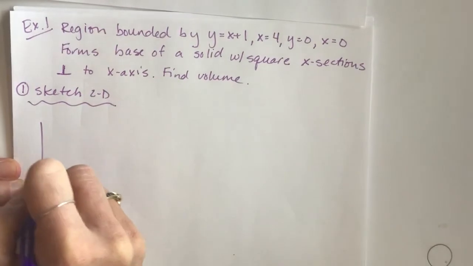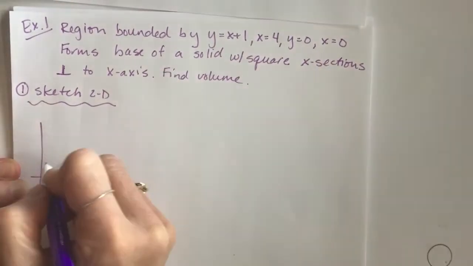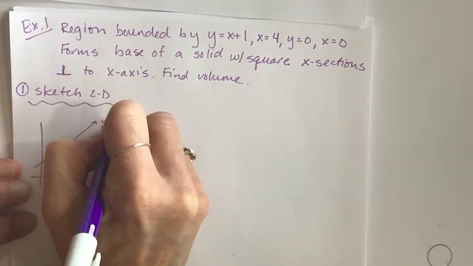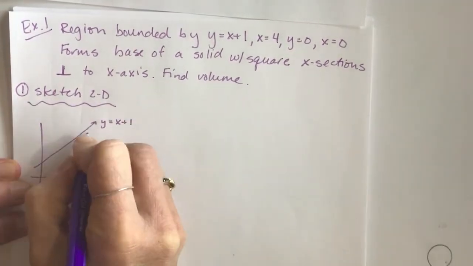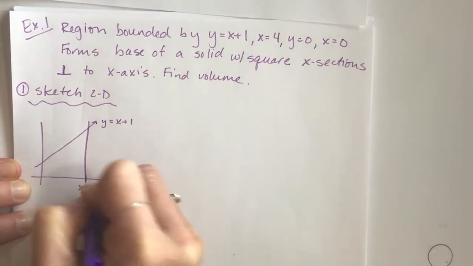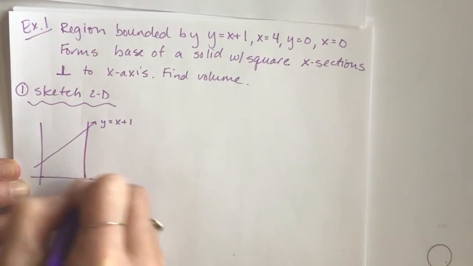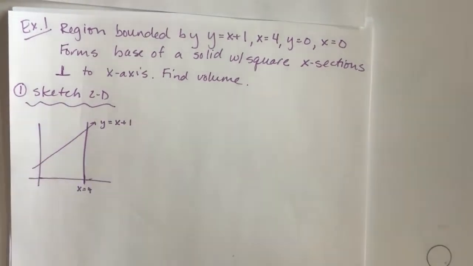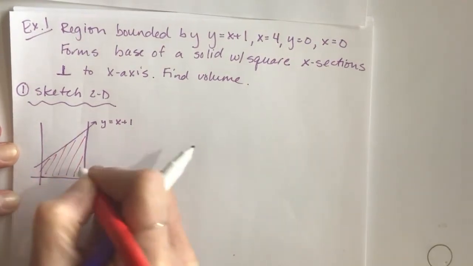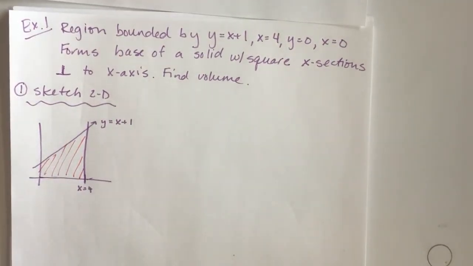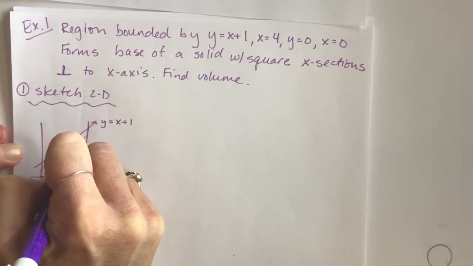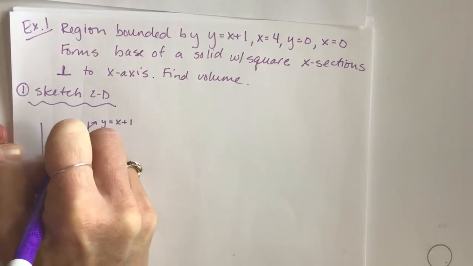So here we go. Sketch y equals x plus 1. Looks something like that. X equals 4. And of course, y equals 0 and x equals 0 are the x and y axis. So we're going to use this base shape and put squares coming up out of there. That's my D there.